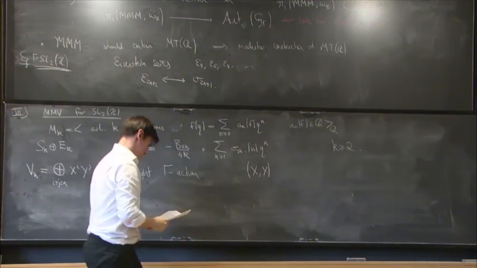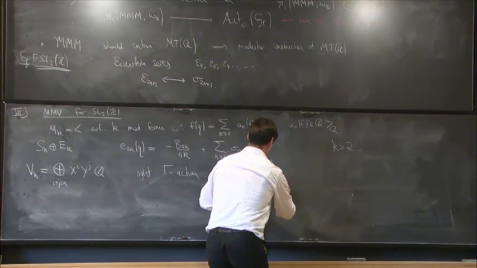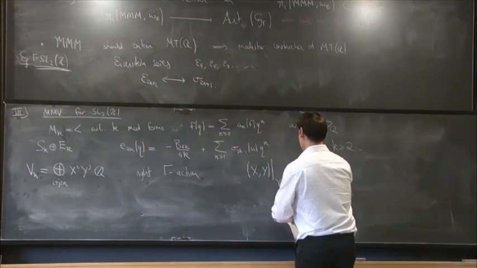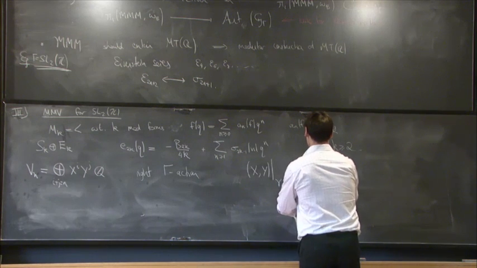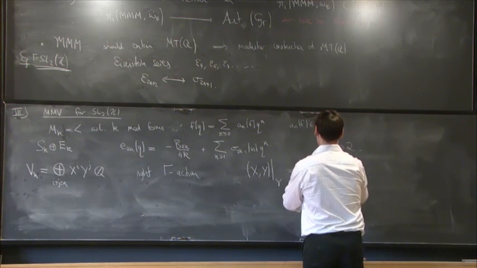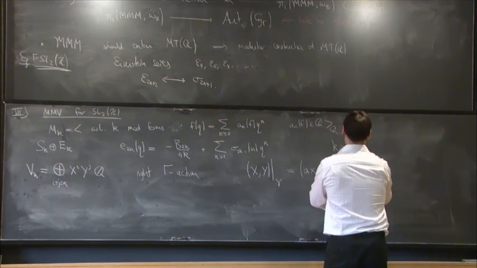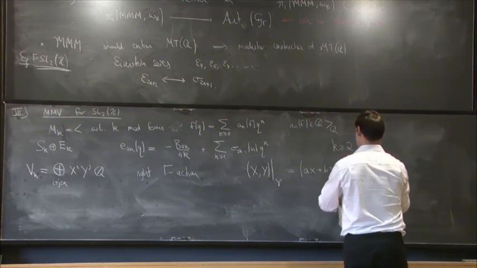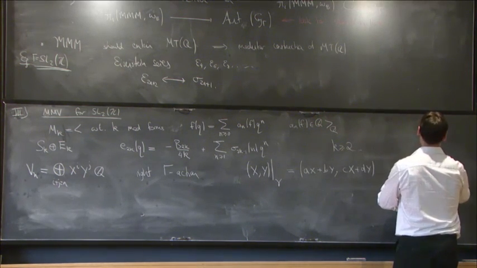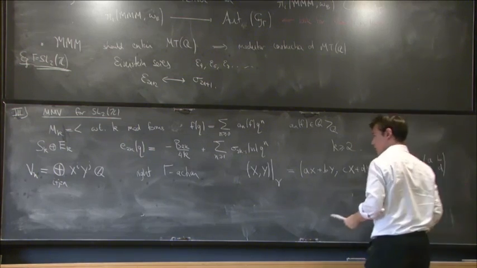But we can switch, of course. And so it's denoted commonly by a slash gamma equals, so the action of gamma on the pair x, y is this thing, where gamma is the matrix (a b; c d).